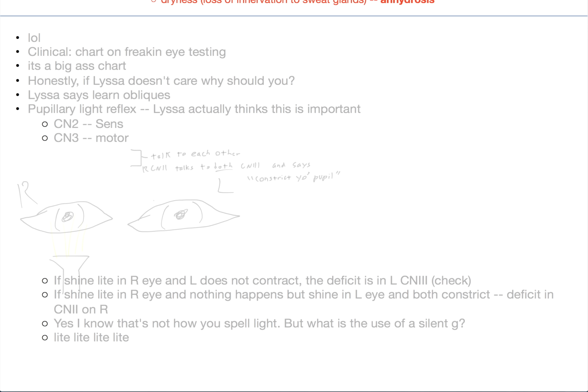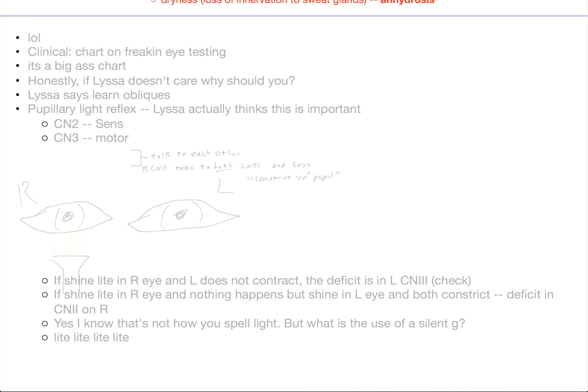There's a chart in your book that goes through every single muscle of the eye, how it moves, the direction that it moves, and how you test it. You're probably going to have a question on it. You have at least one every year. It's a big chart. I was totally okay attempting to guess and get it right and missing it if I didn't. But if you're really gung-ho about learning everything, by all means, refer to that chart in your book.